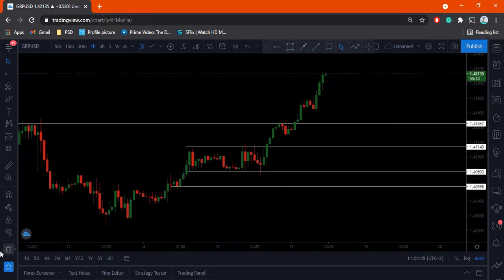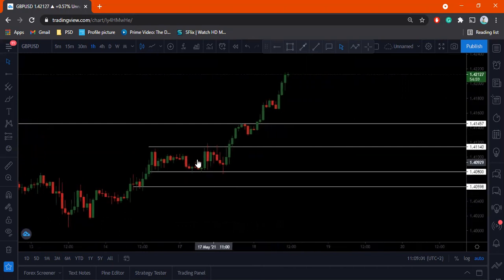Remember we said if price fails to break the low or the high, that invalidates the sellers. So the next candle was the one that invalidated the sells, and then this candle is the one that confirmed the bullish setup, because you can see it even closed above our resistance.